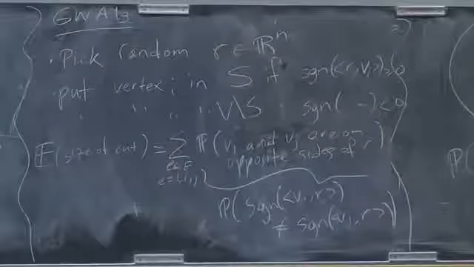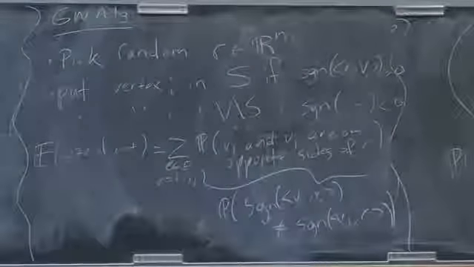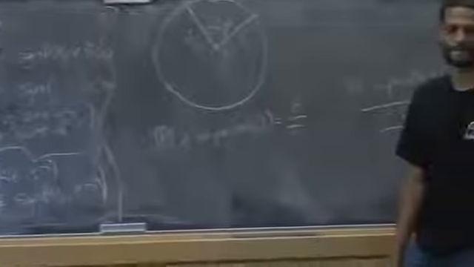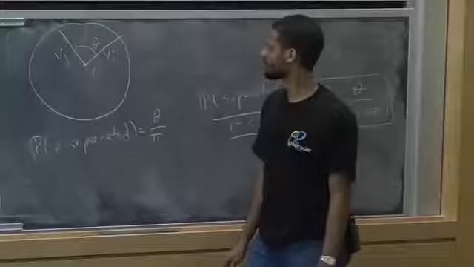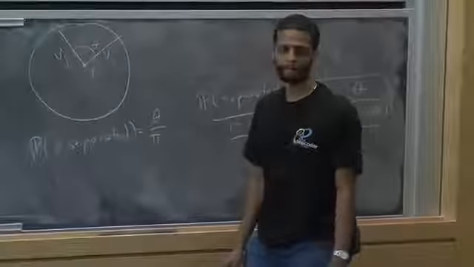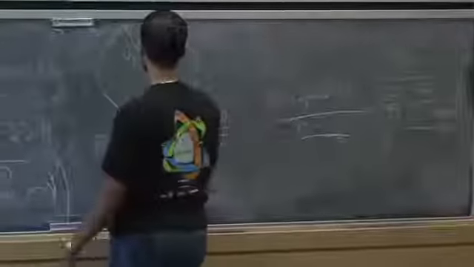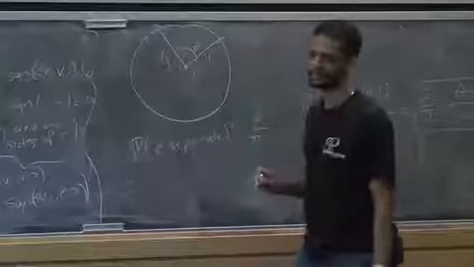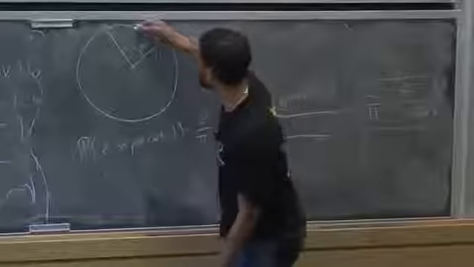So in the picture, then r would be orthogonal to the dashed line. Oh, right. So that's your plane. Oh, yeah. Sorry.